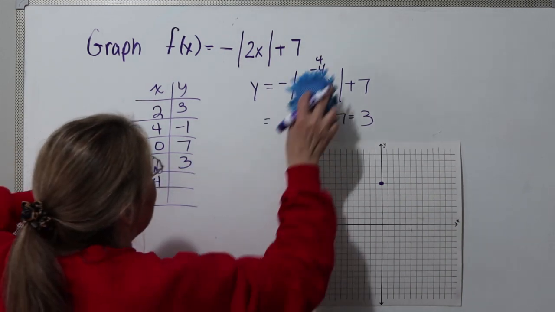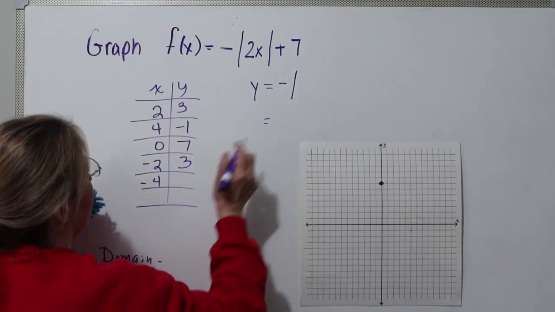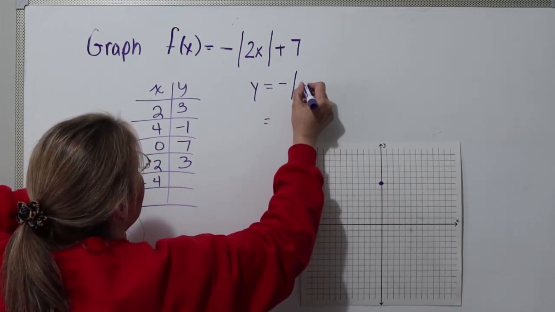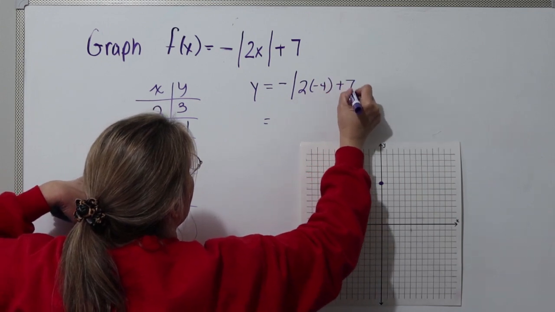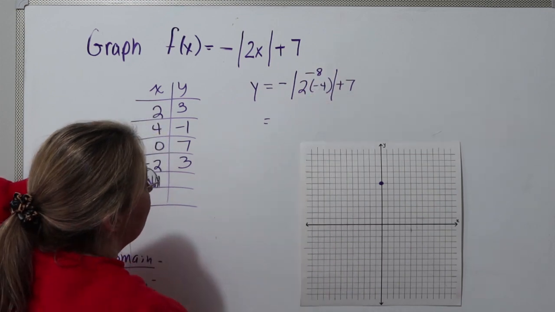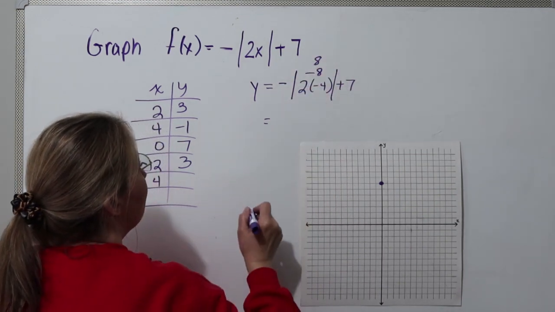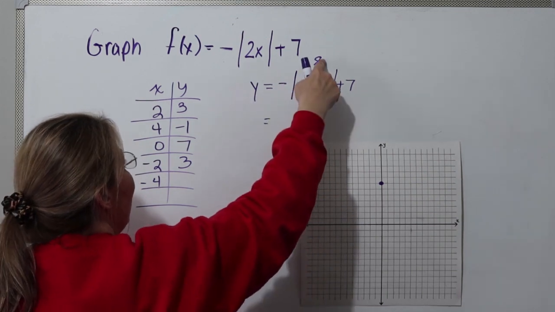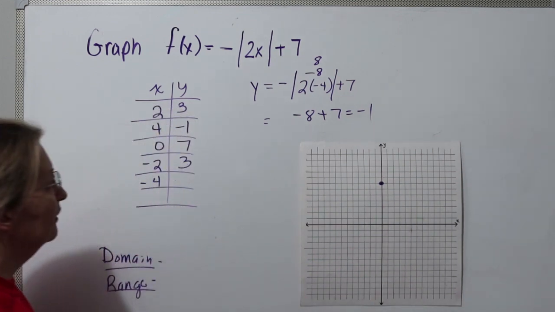So when I plug in -4, that's going to be negative absolute value of 2 times -4 plus 7. 2 times -4 is -8. The absolute value of -8 is +8, and then -8 plus 7 is -1.